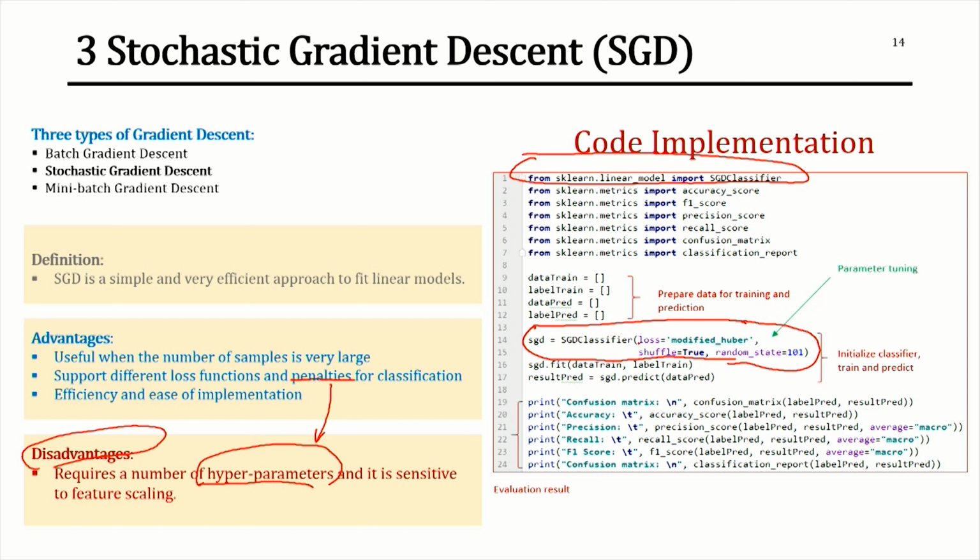We have the loss function, which type of loss function is used in this classifier that we want, and we need to have a variable called shuffle. We want to shuffle our data or not, and we have a random state. And the other process works the same way as the other two techniques. We fit our model, and we predict using a new data set. And lastly, we evaluate our result.